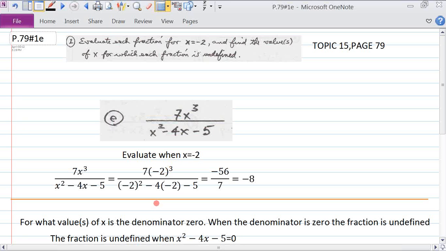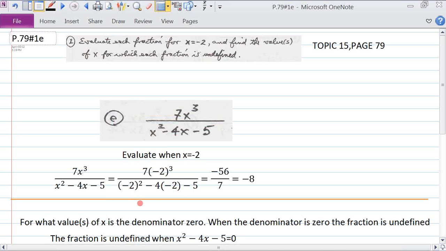So in this particular case, -2 cubed is -8. 7 times -8 is -56. Here, x squared is -2 squared. -4 times -2, replacing the x with a -2, -5.